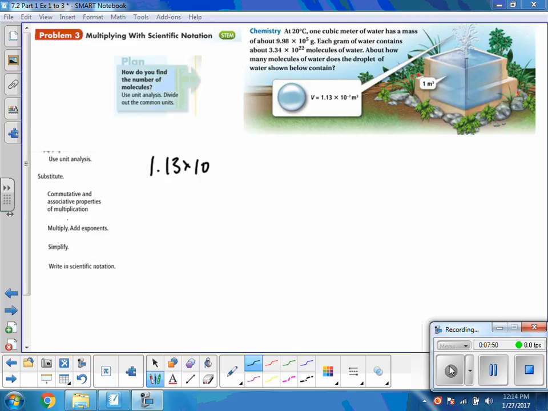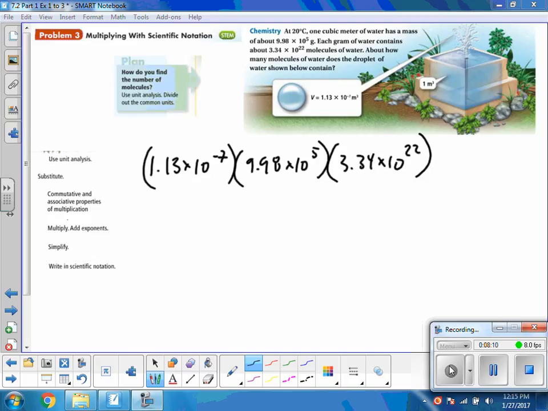Is that like a negative 3? I think it is. Negative 7. Holy smokes, that's teeny tiny. That times 9.98 times 10 to the 5th times 3.34 times 10 to the negative 22nd.